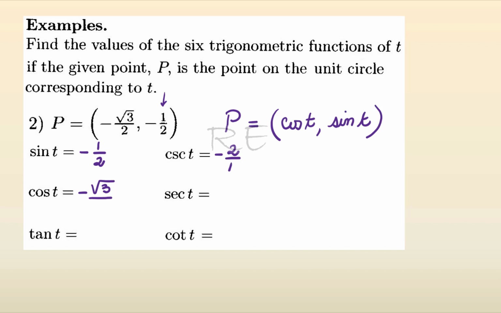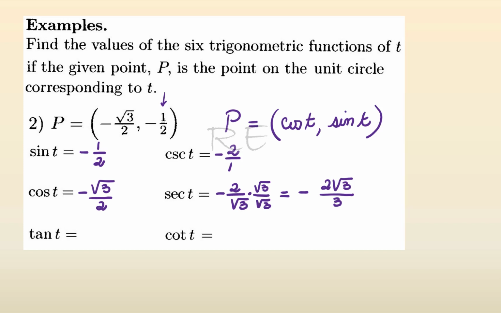Cosine t represents x, so cosine t is negative square root of 3 over 2. Secant t will be negative 2 over square root of 3. When rationalized, it'll be negative 2 square root of 3 over 3.